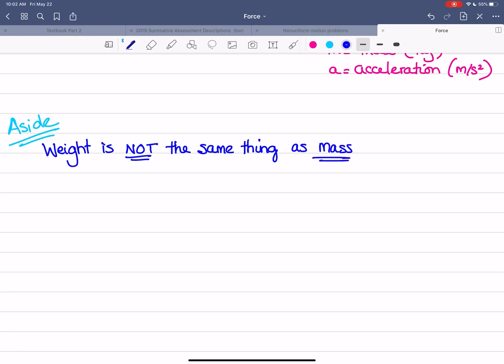The mass is the amount of matter that makes up the object in physics, whereas weight is a force, okay? So mass is the amount of matter in kilograms, obviously.